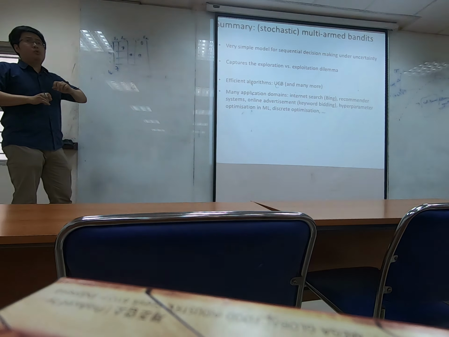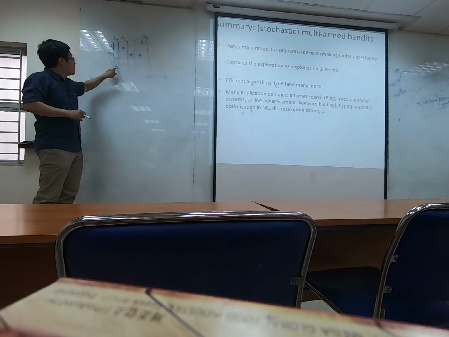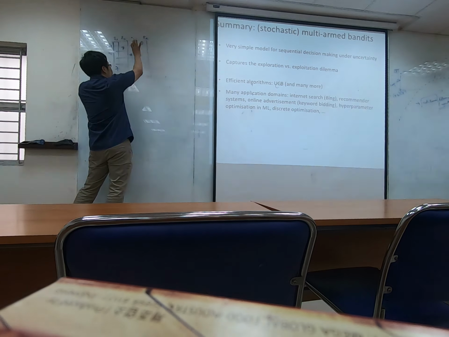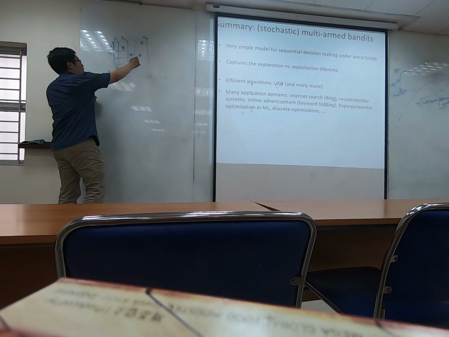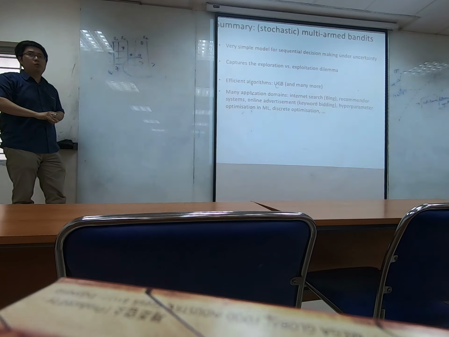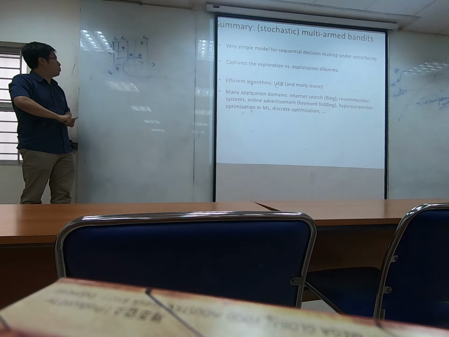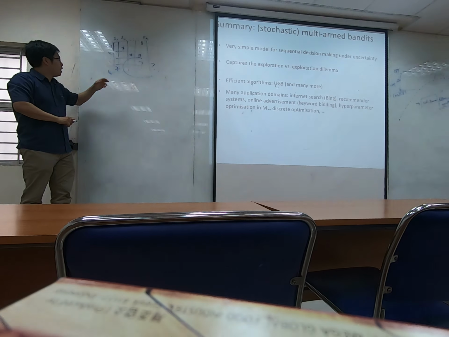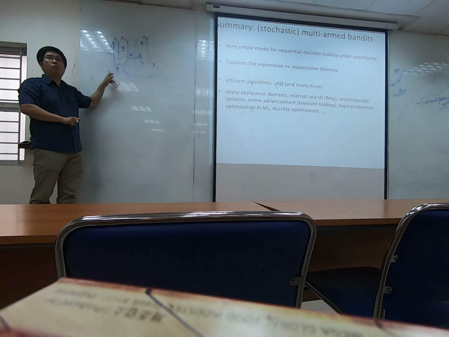But if you have the exploitation paradigm, then it's different. It means that suppose you start with an almost empty or very sparse matrix. A lot of holes here, you don't know anything. Okay? So it's very difficult to do the matrix completion. But you need to very quickly identify what is the most preferred item for this guy.